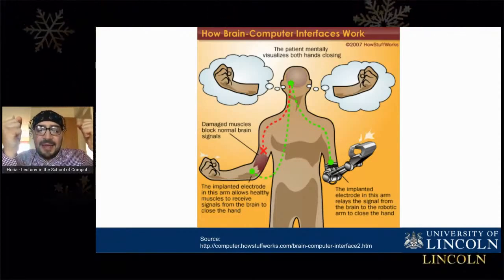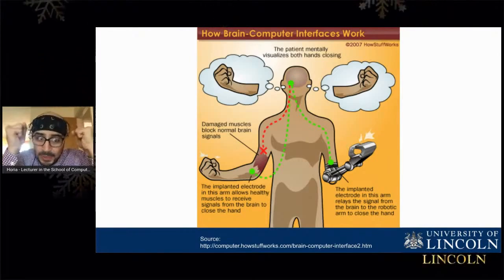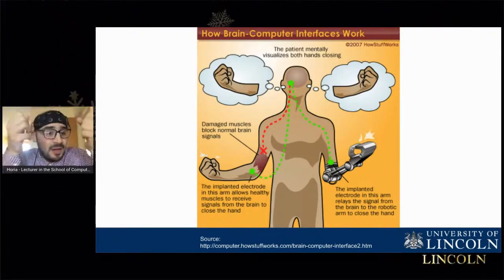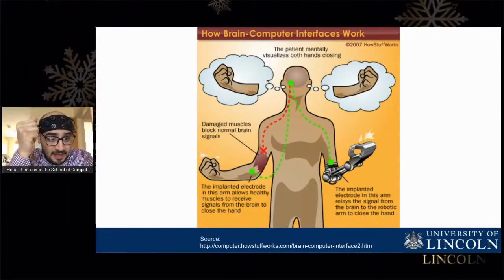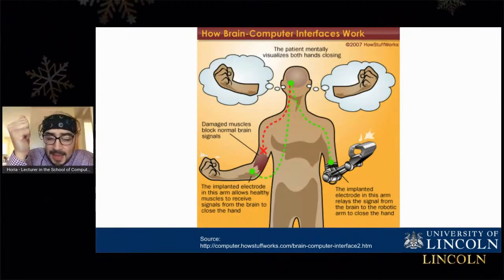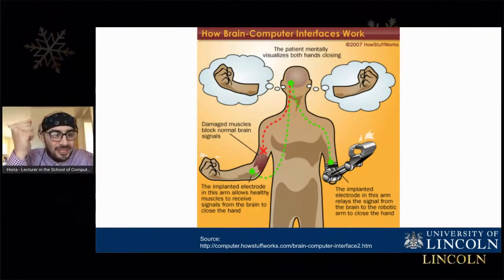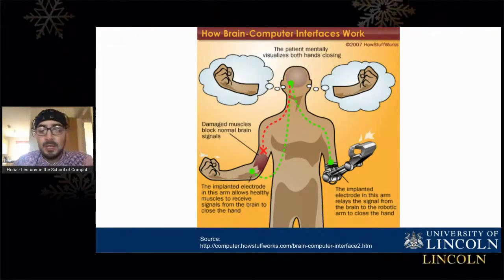The training stage would involve measuring the brain activity of the participant when doing this imagination stage. As you can see, he doesn't have a real arm. The left arm is missing. But he can still imagine that he would close both his arms. So imagination is not affected by not having an arm anymore. So we can do this.